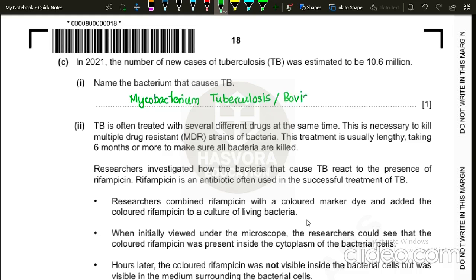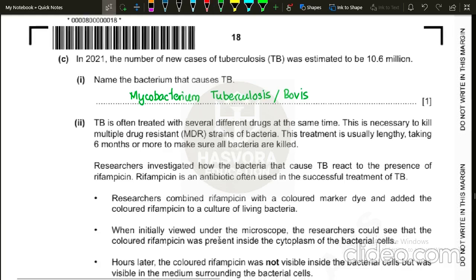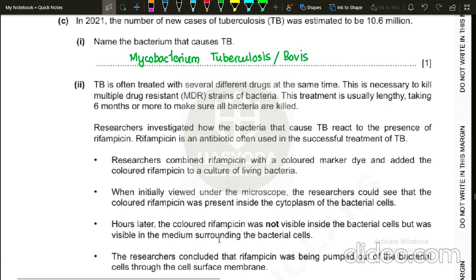The other variant is called Mycobacterium bovis, but that is found in cattle. So I would suggest that you stick to the tuberculosis one because it is the main reason why humans get infected with tuberculosis.